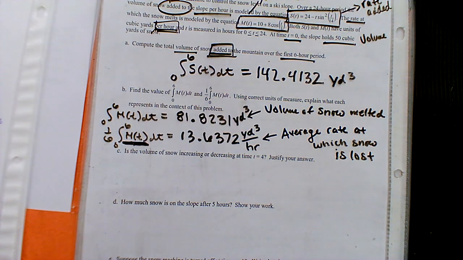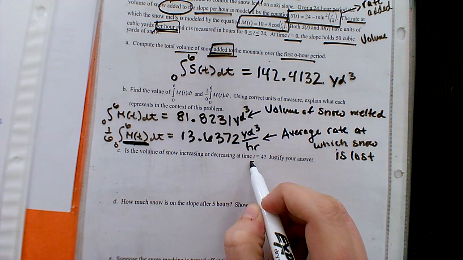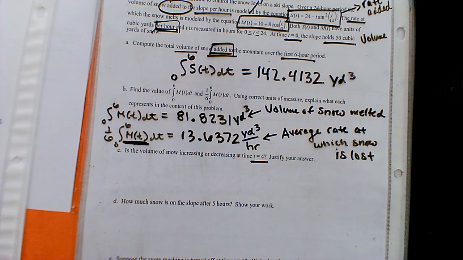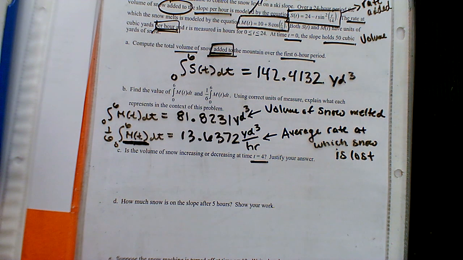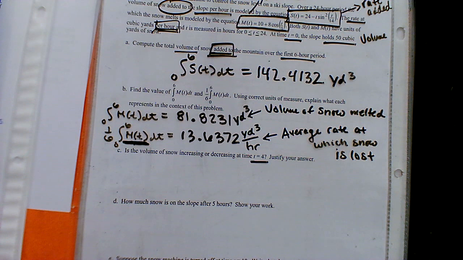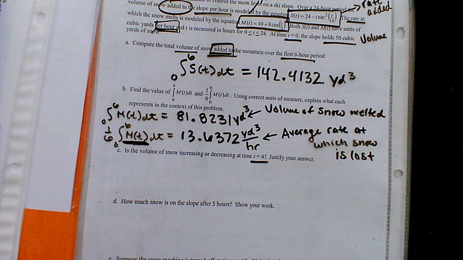Is the volume of snow increasing or decreasing at time 4? Are we getting more snow on this mountain, or are we starting to get less snow on this mountain? How do you think we can figure that out? Plug it into what? Plug 4 into what?